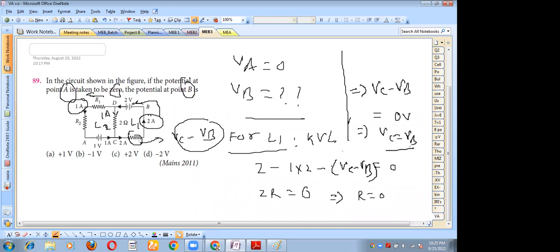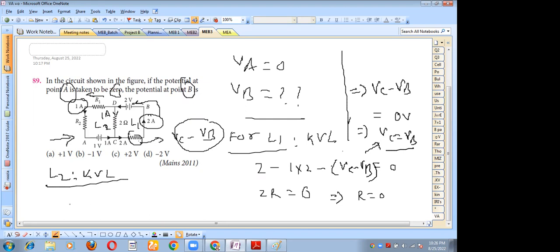Potential across C will be equal to potential across B. Now our job is to find potential across C. If we can find potential across C, we will easily get potential across B. So to find the potential across C, we have to go in the loop L2. So now we will apply KVL in loop L2.